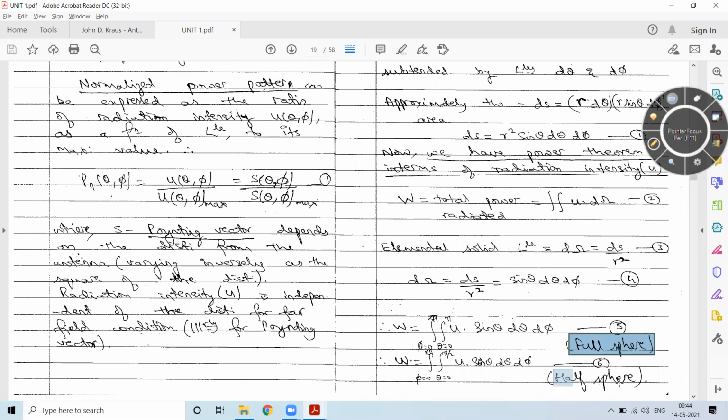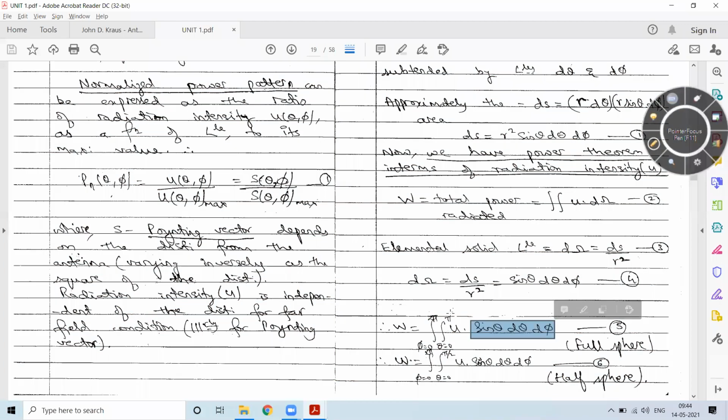And if you consider a half sphere, phi range will not alter. Phi will be from 0 to 2 pi, whereas theta will range from 0 to pi by 2. Now, if you're considering the radiation intensity, just remember it is sine theta d phi.